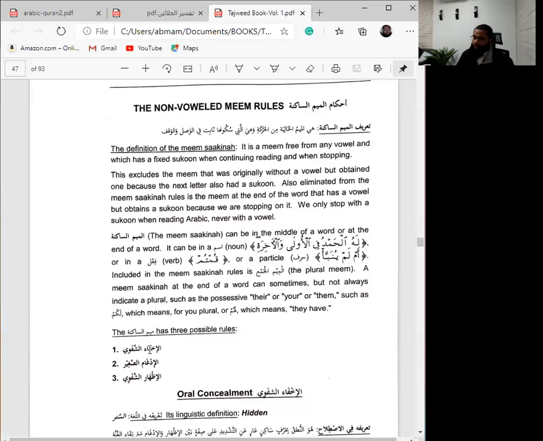So if I merge the two meems into one another, that would be considered a major idgham, a major merging. So al-idgham al-saghir is the minor merging. This is the second rule. And the third rule is al-idhar al-shafawi, the oral idhar.